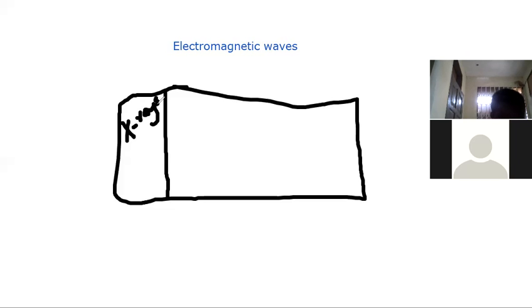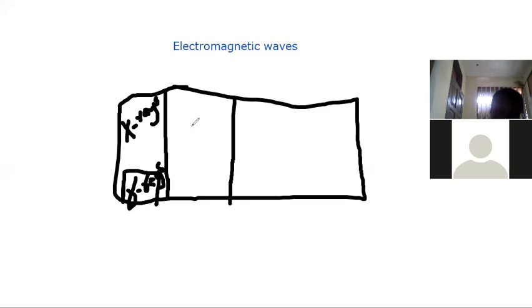And in the same box we have the gamma rays. The symbol is gamma. You know how you write this gamma symbol? Gamma rays.